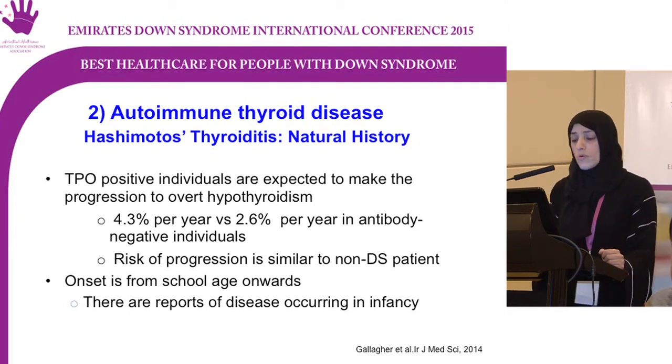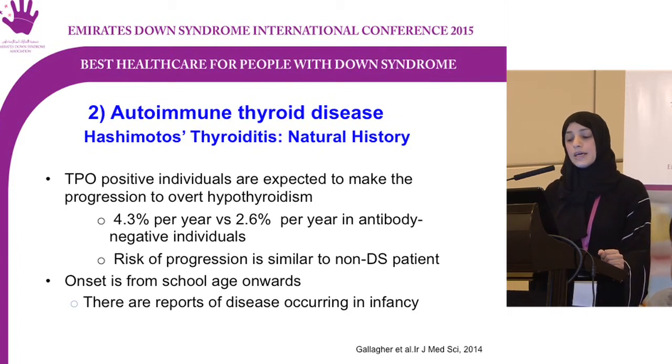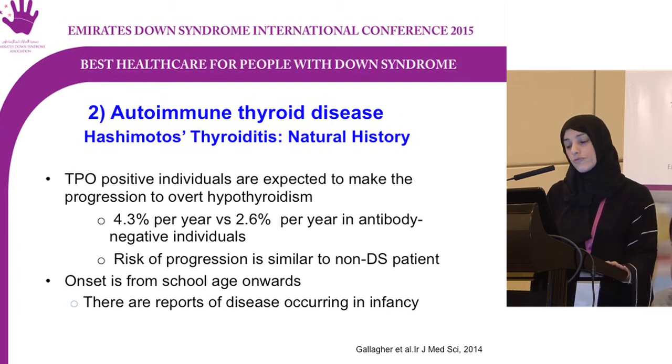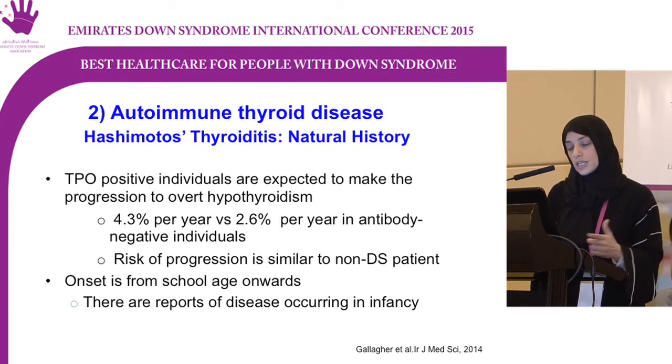Although most cases have been diagnosed after school age, which is around 4 to 5, a few cases of hypothyroidism attributed to autoimmune etiology have been diagnosed during infancy as well.